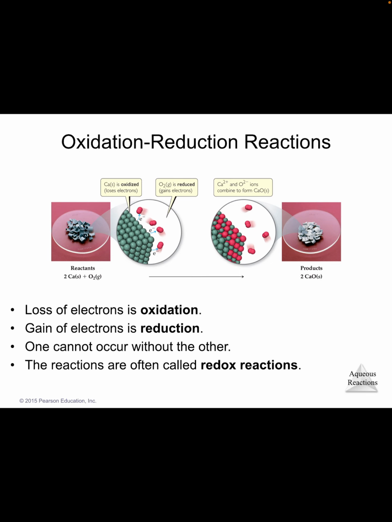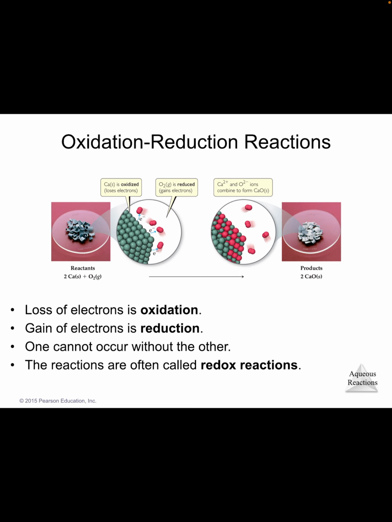But what we're talking about is moving and pushing electrons around. In a reaction, we make and break bonds, and those bonds are electrons that have been transferred to form ionic bonds, or electrons that are shared to form covalent bonds.